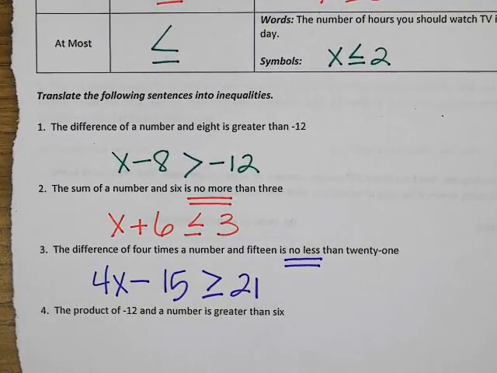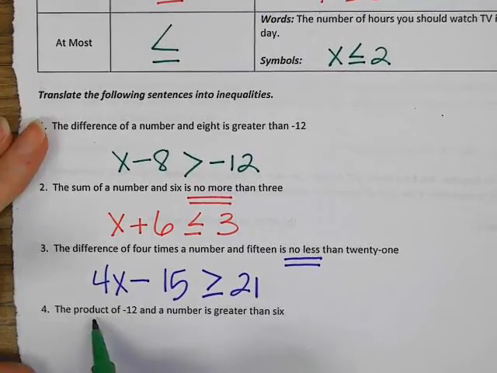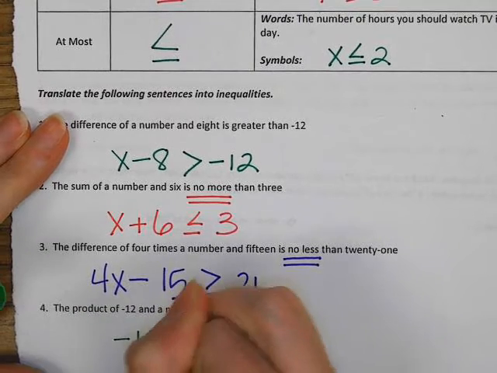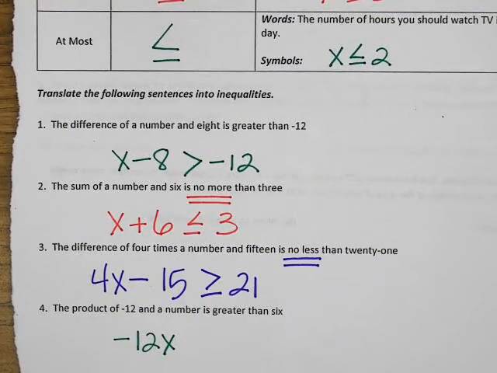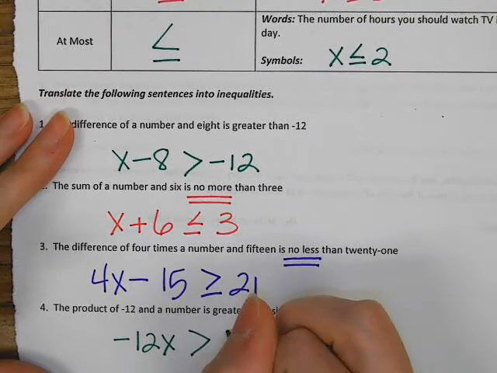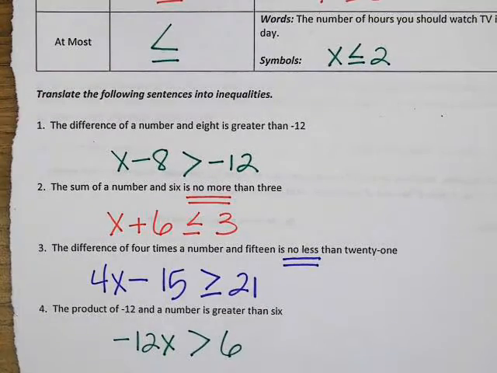Okay, and then number 4, vocab of product. I hope you guys remember product means multiply. So the product of negative 12 and x would be times. Negative 12 times x is greater than 6. So that one was easy to set up.